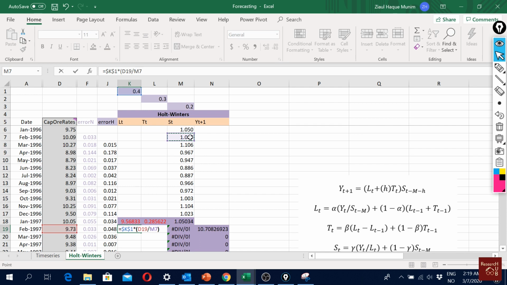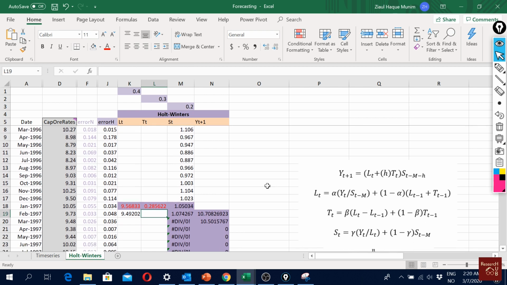Okay, and then we close it, and then we put a plus, and then we use 1 minus alpha. We put this one here, press F4 to fix the value of alpha, and then we multiply this with LT minus 1. So LT minus 1 is this one plus TT minus 1, which is this one. Okay, and then we close it. So now we have our value ready here for the LT part. And now we just have to put in one more equation, that is TT. Then we are ready to go.